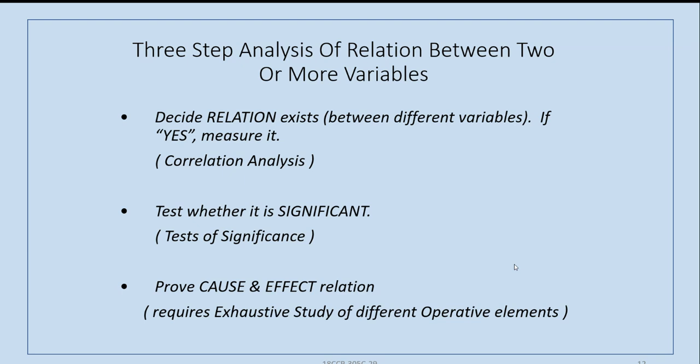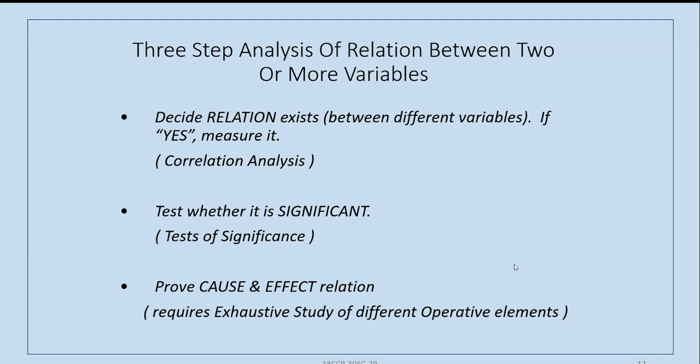If you decide that there is a relation that we can measure, that is called correlation analysis. And the test of significance. Significance means specific, identifiable, which can be identified. If there is a relation, whether there is any indication, any identification that the relation is there, that is to test whether it is significant.